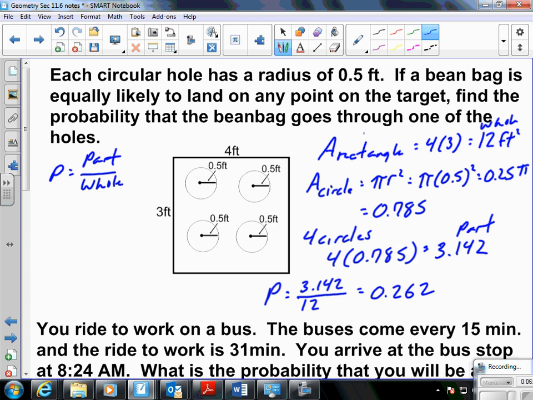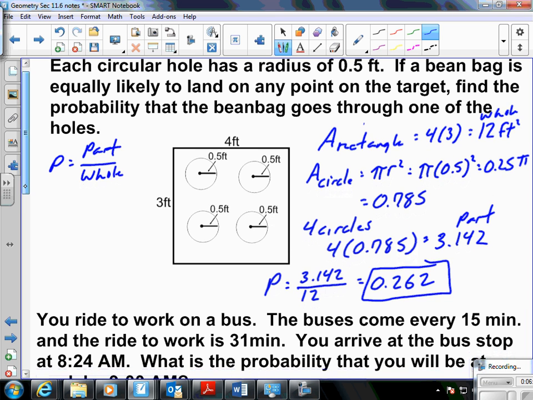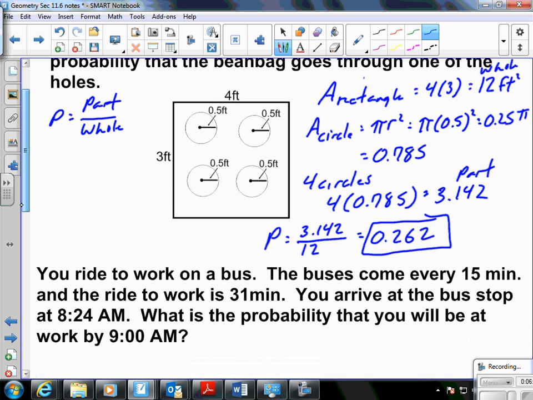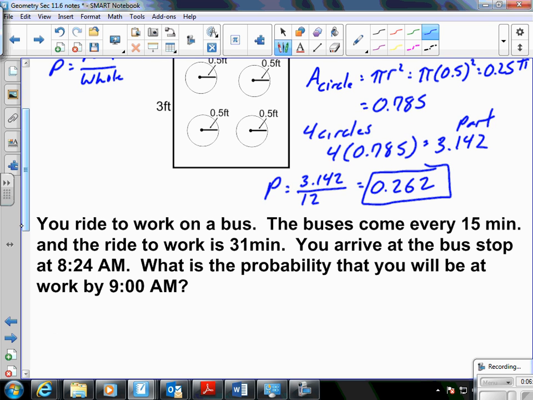It's going to be our probability that that happens. So it's a fairly small number, not close to 1, so closer to 0. So the likelihood of getting that is fairly slim.